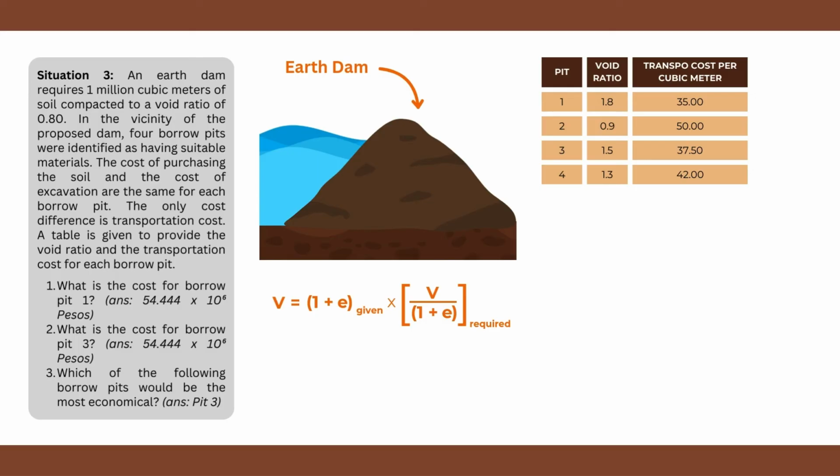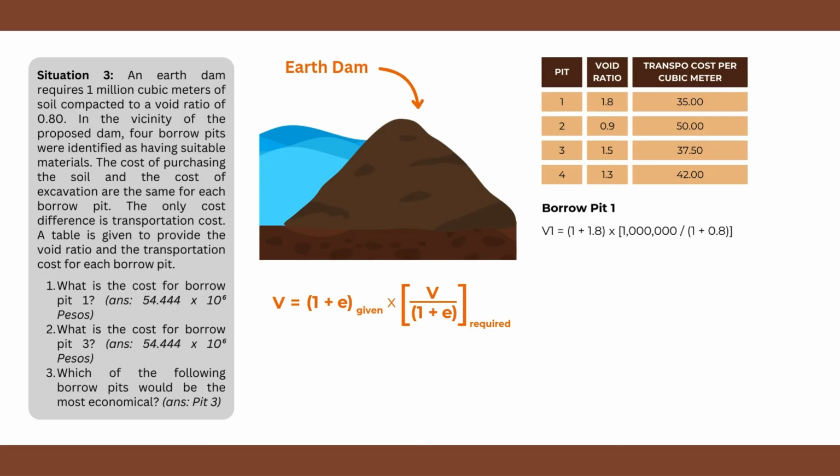So, sa unang question, what is the cost for our borrow pit 1? Compute muna natin yung volume na kukunin from that pit, which is, plug lang natin yung values sa equation na nasa screen. And as you can see from the table, ang void ratio ni borrow pit 1 is 1.8.